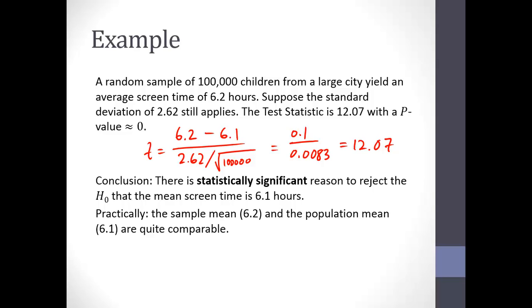It's just that my sample size is so large that it caused the test statistic to be really big and give me a really small p-value. So maybe I'll find statistical significance, but is that difference actually meaningful? If the average screen time is 0.1 hours different, does that really matter? That idea of practical significance versus statistical significance is something to keep in mind.